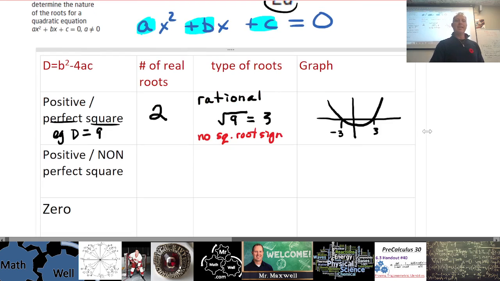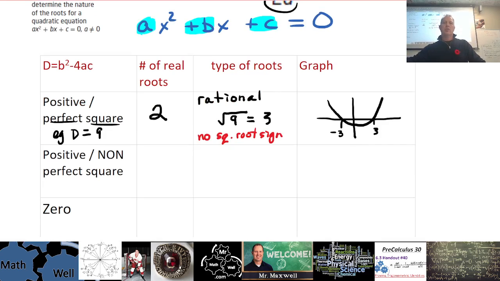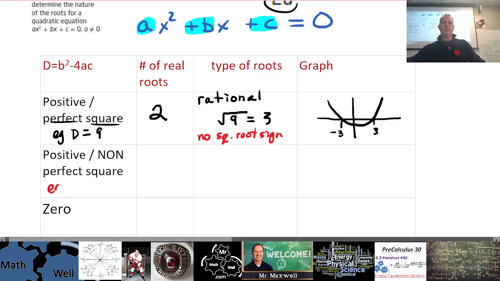The next option would be a positive non-perfect square. An example of that might be, like you said, 10. We're going to still have 2 roots here, but the types of roots are going to be irrational.